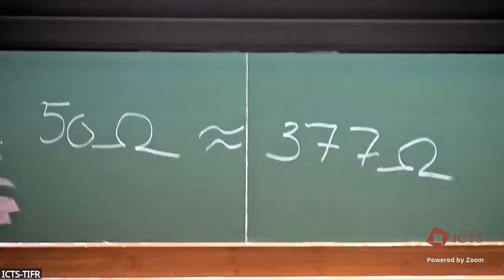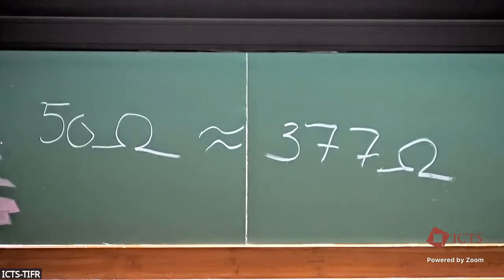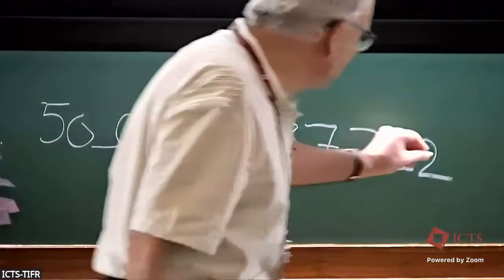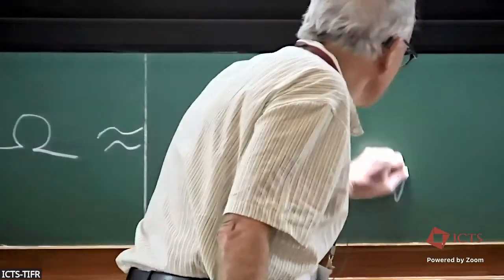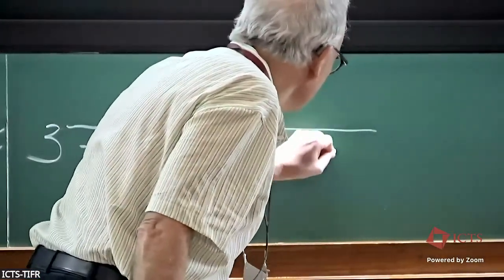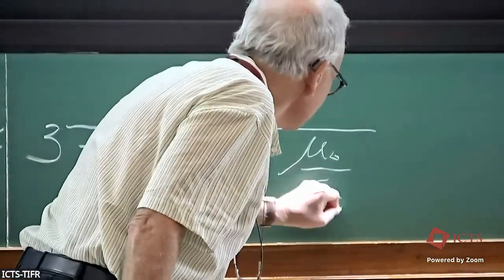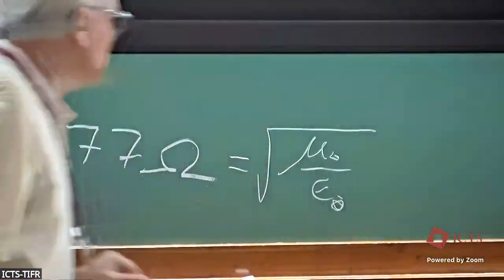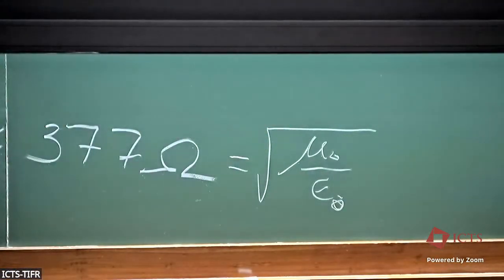No? Okay. Well, if you cast your mind back to your E&M studies, it should have been in there, and you maybe passed an exam where you had to know it at some moment. This is equal to the square root of mu 0 over epsilon 0. So it's the so-called impedance of free space, impedance of the vacuum. So it's an important physical quantity.